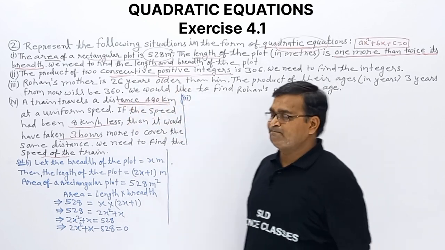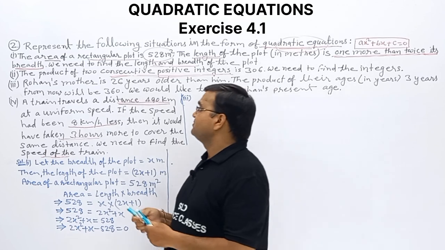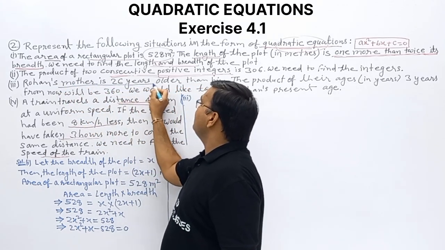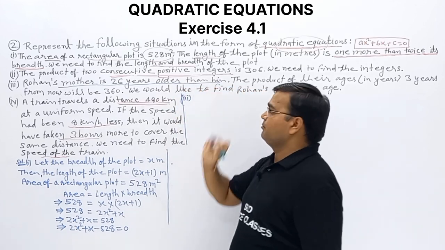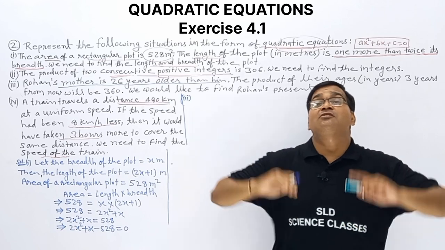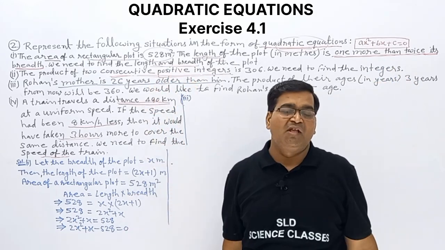Rohan's mother. Observe carefully. Rohan's mother is 26 years older than him. Rohan's mother is 26 older than him. Him means from Rohan.